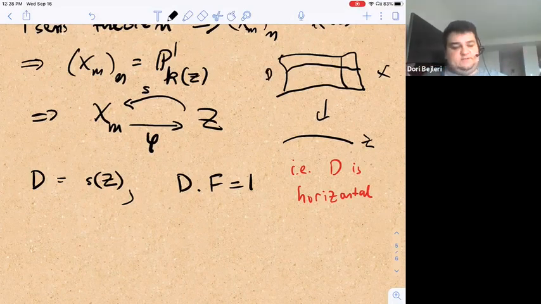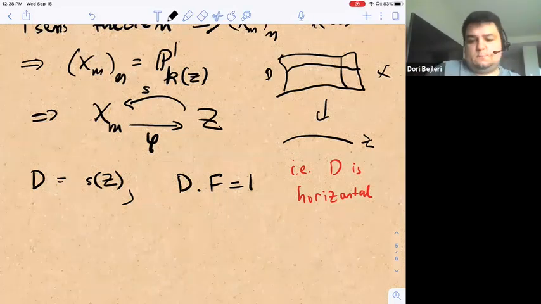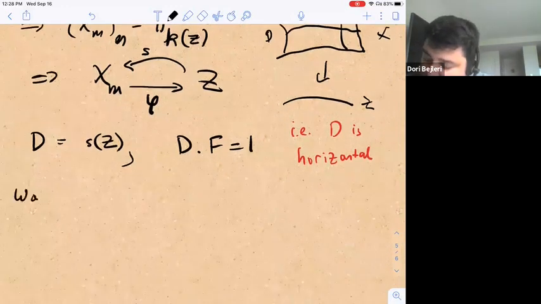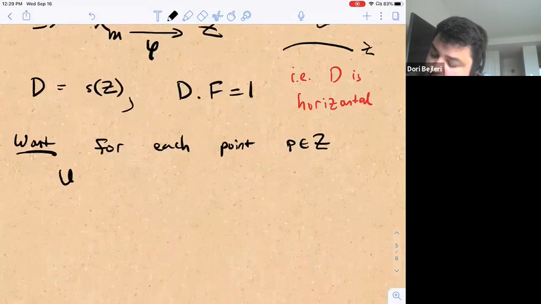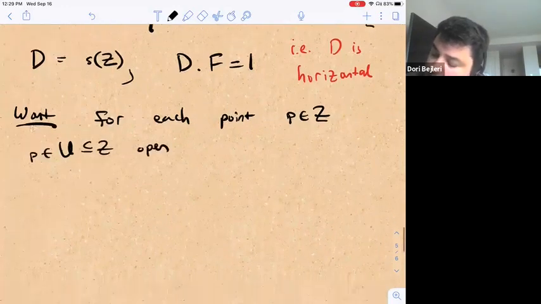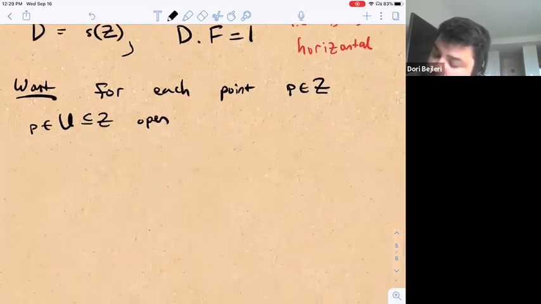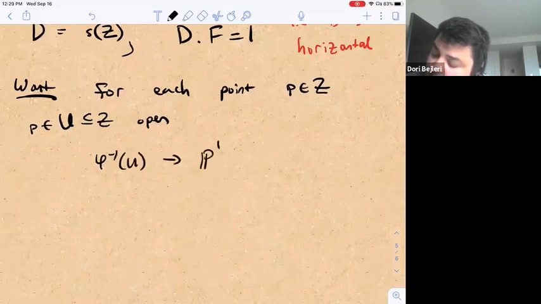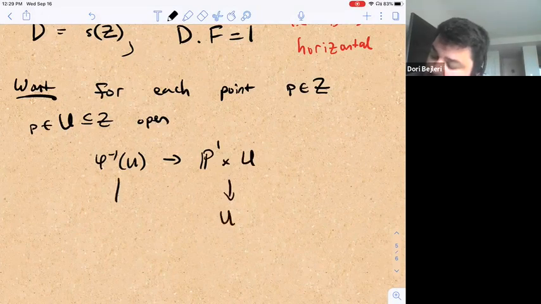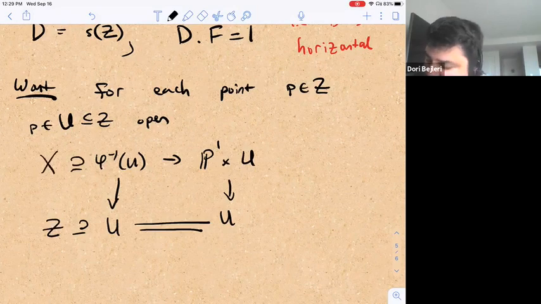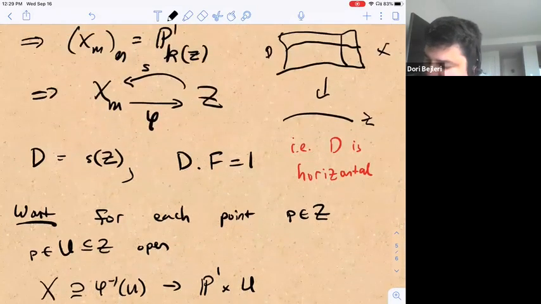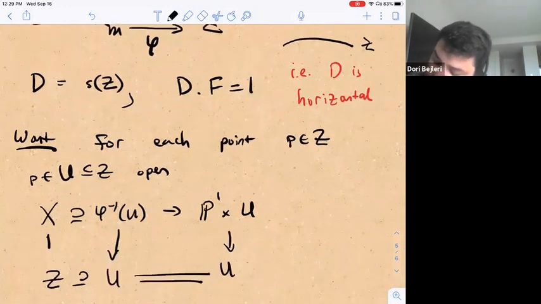And because being a projectivization of a vector bundle is a local condition, we really just have to check this in a neighborhood of a point on Z. So basically what we want to check is that for each point P in Z, we can find some neighborhood U and an isomorphism phi inverse of U with P1 cross U over U. And maybe I'll stop writing the M, and X from now on will be this minimal surface, so we've already blown down the -1 curves, just for convenience.